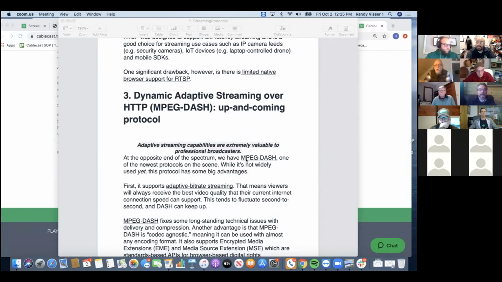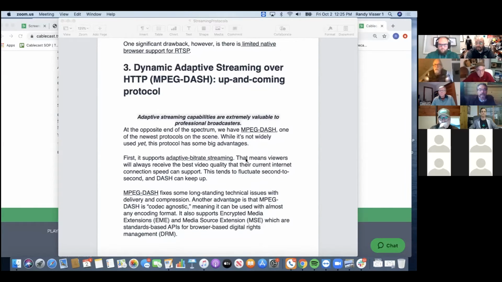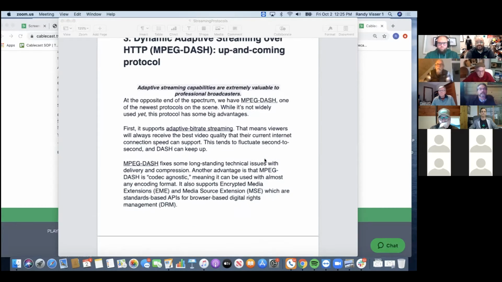A new protocol that we're all going to be hearing about soon is coming into the marketplace. It's called MPEG-DASH. I don't know all that much about it, but it is adaptive bit rate streaming. That term means that when you're pushing your stream out to the network and people are picking that up on devices, the stream will adapt to the bandwidth that the device is using.